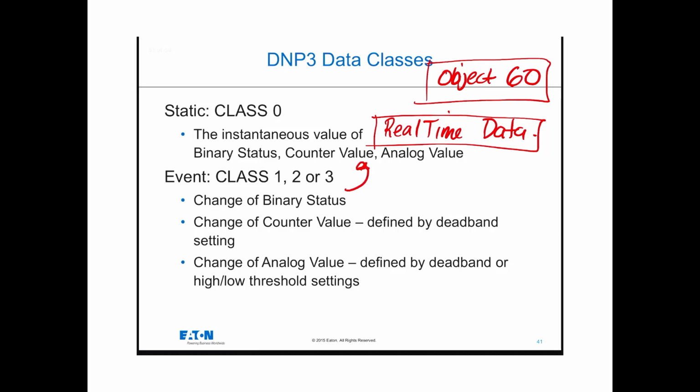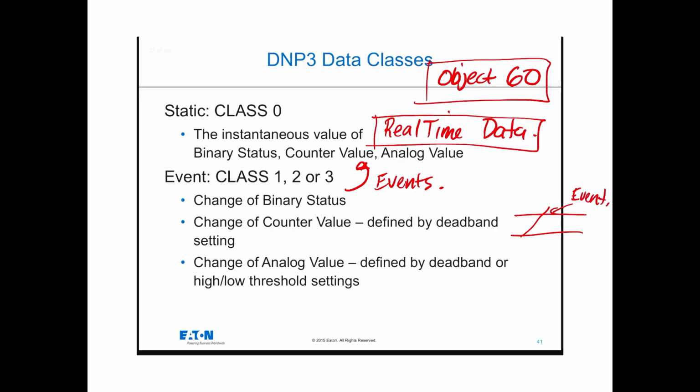So it's what's called events generated from these class 0 points. That can be a change of state for a binary going from 0 to 1 or 1 to 0. It could be a deadband change for a counter. So a counter is increasing in value, and once it reaches this value, it's exceeded its deadband and it reports an event.